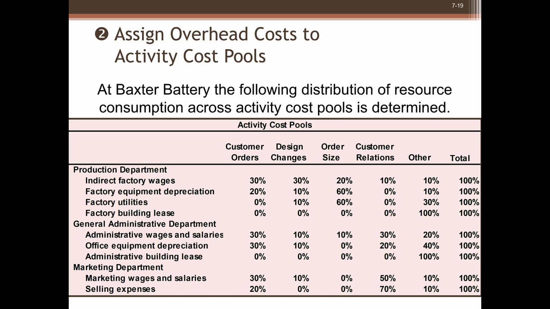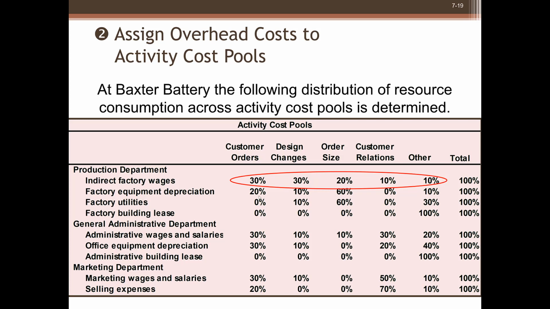For example, according to the interview, indirect factory employees indicate 30% of their time should be allocated to customer orders, 30% to design changes, 20% to order size, 10% to customer relations, and 10% to other. For factory building lease, 100% should be allocated to the other activity cost pool.